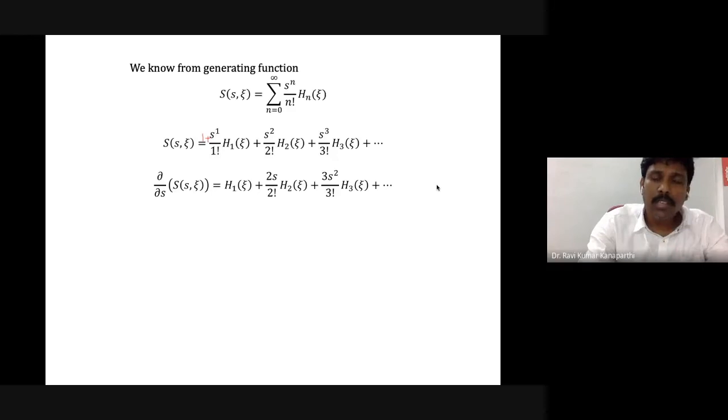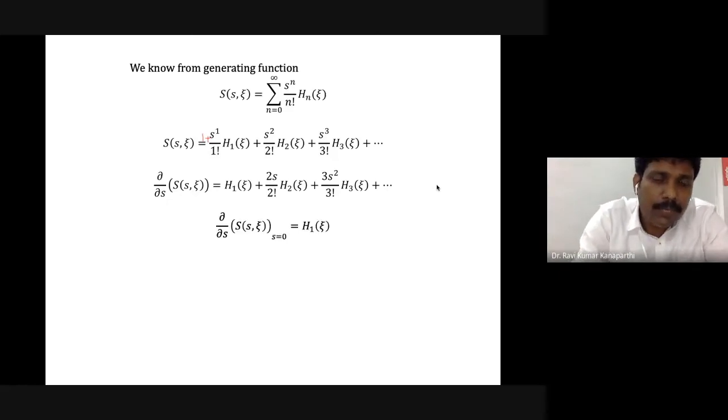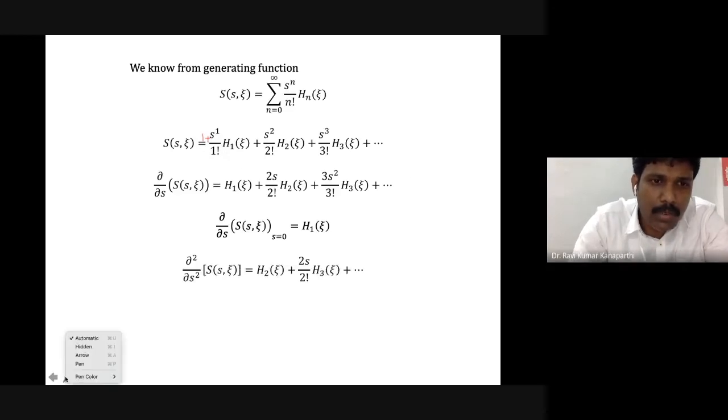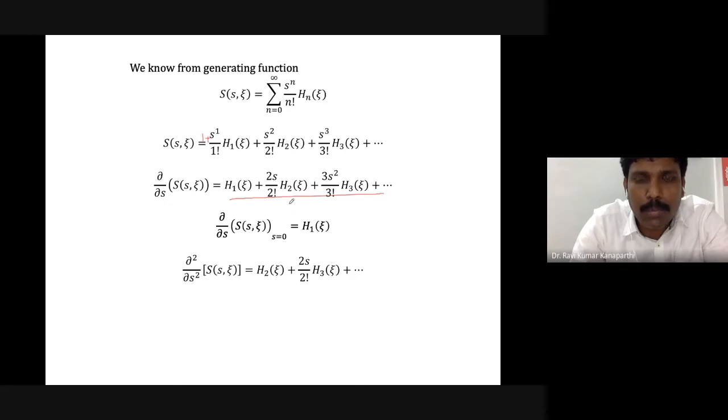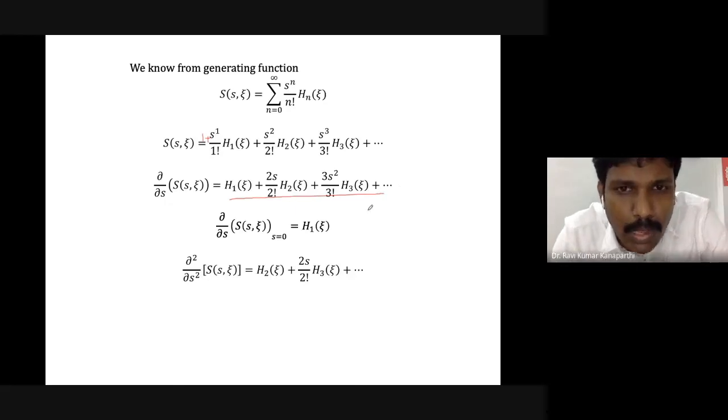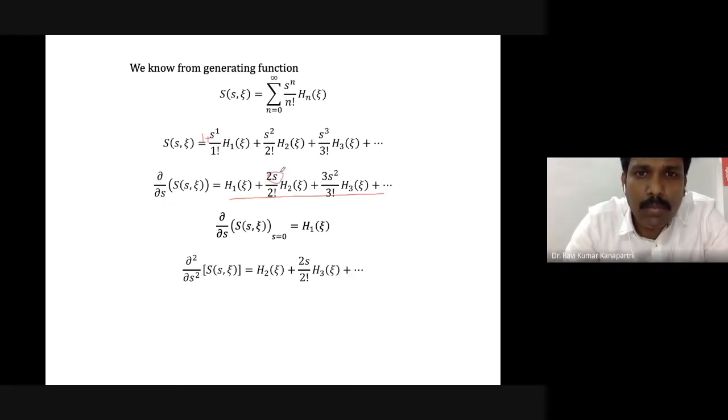The point I am going to illustrate is this. Suppose you evaluate the first derivative of the generating function and substitute s is equal to 0. In this expression, if you substitute s is equal to 0, what will happen? Here there is an s term, and in the higher order terms also you will have s.